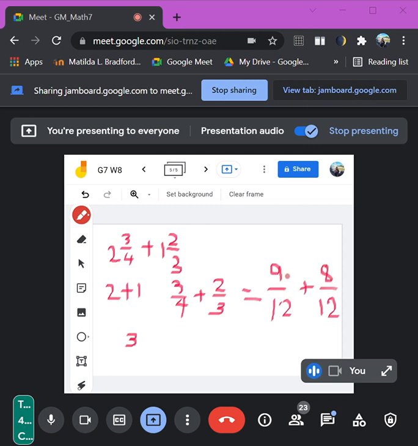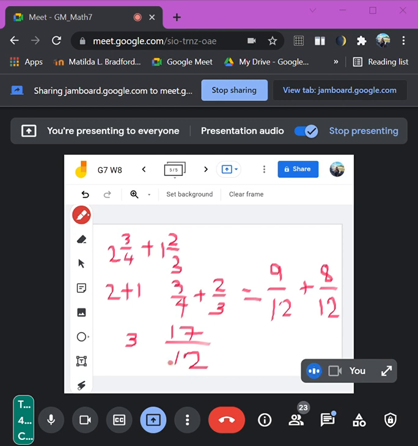So we can now add since they are similar fractions. 9 plus 8 is 17. That is 3 and 17 over 12.